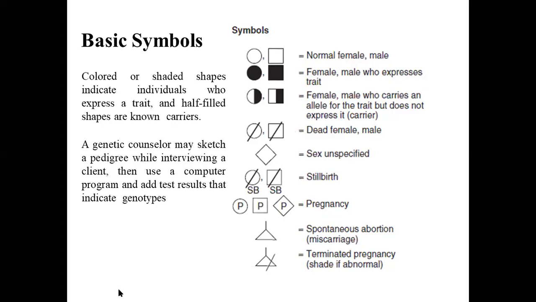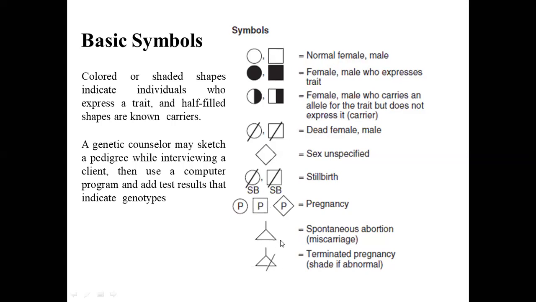And if the box has a P, that means there is a pregnancy for that specific person. Please don't get confused about why the box has P, how a male has a pregnancy. It means that this specific parent has the pregnancy.